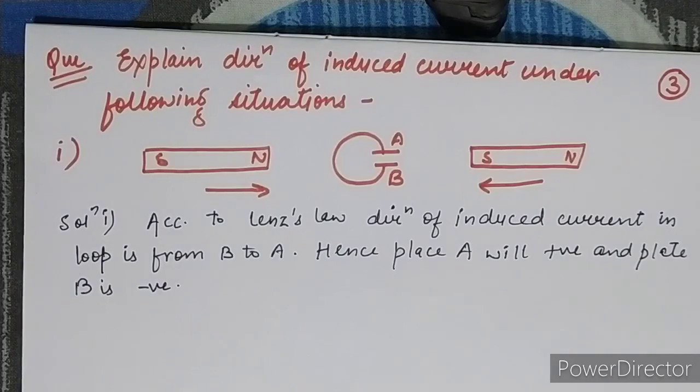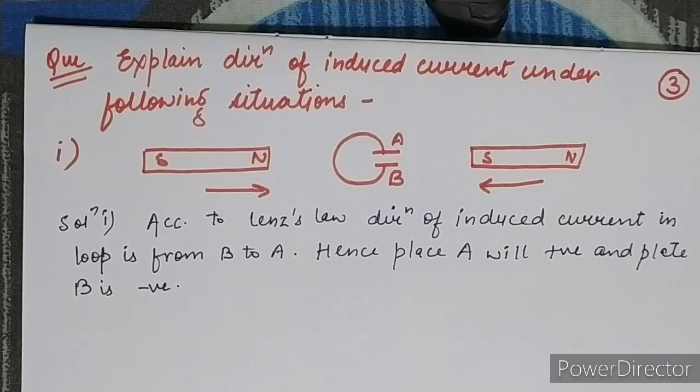Now, which law do we have to apply, beta? Lenz's law. And what is there in Lenz's law? Yesterday we discussed that the polarity of the induced EMF and the direction of the induced current in the circuit is such that it opposes the change in magnetic flux that produced it.